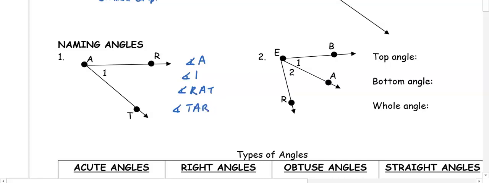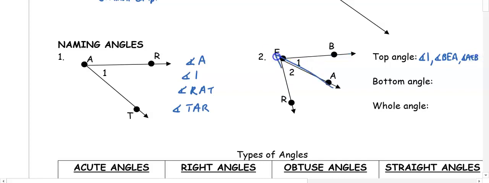In number two, there are three angles. So we can't call this angle E, because if I say angle E, we're not sure are we talking about the top, the bottom, the whole angle. So instead, we have to use only the number or the three letters. So for the top angle, we could call it angle 1. We could also call it angle BEA, or angle AEB.